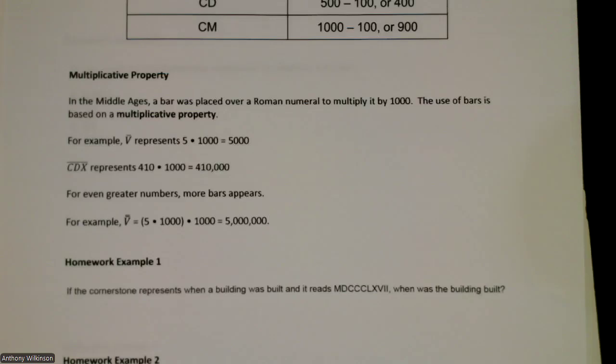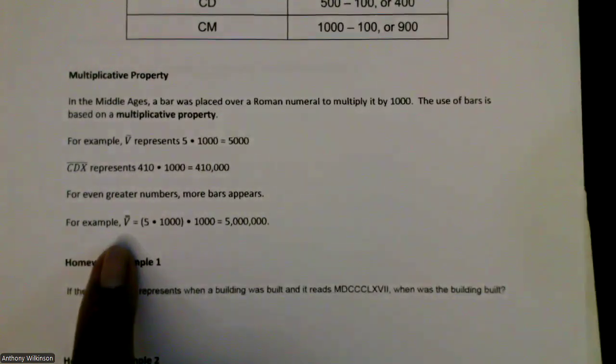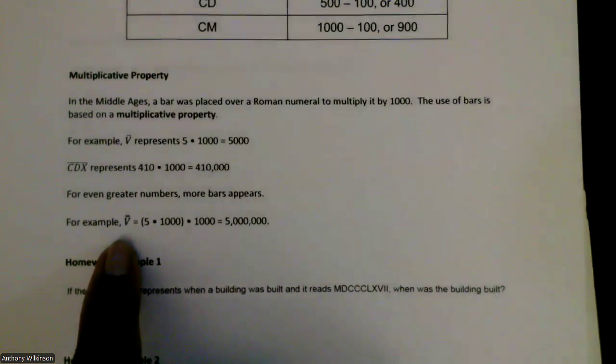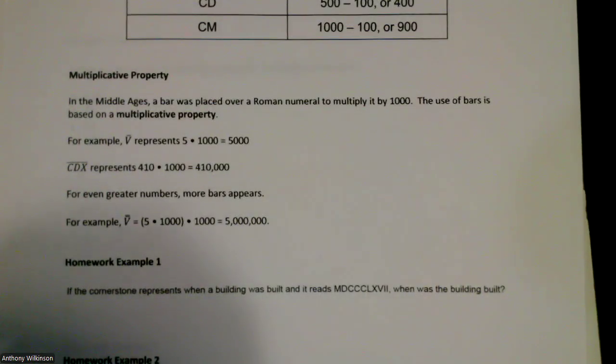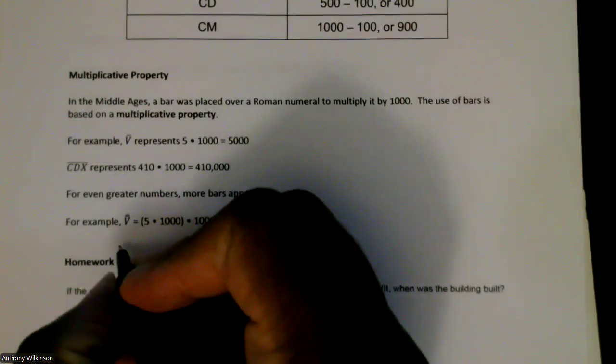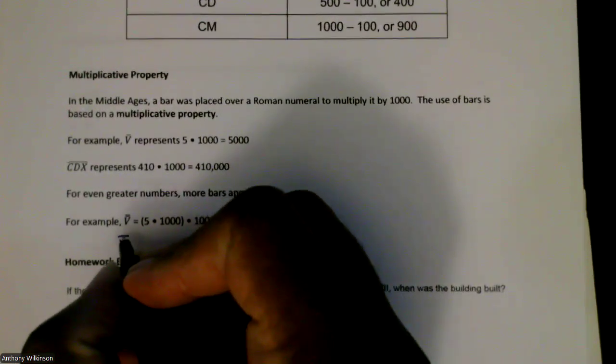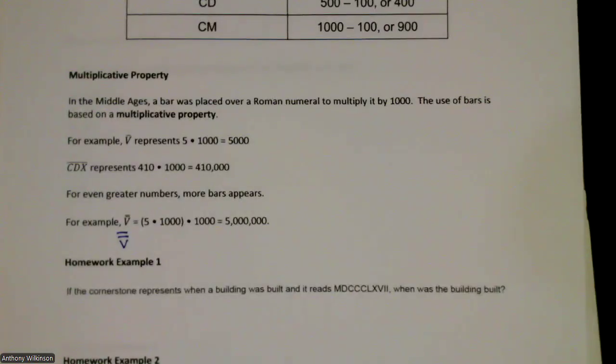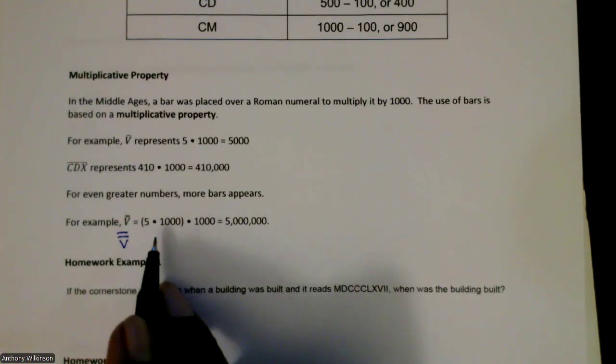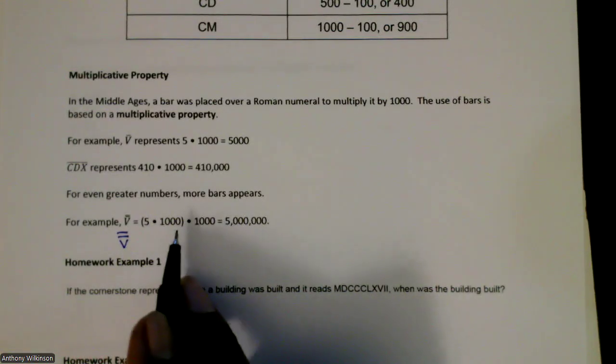Now, for even greater numbers, more bars will appear, like in this case right here. Let's say you have the V, and this might be hard to see, but it does have two bars on top. I'll go ahead and write that in. The V with two bars on top. Well, the V is a Roman numeral for 5. We got one bar on top.